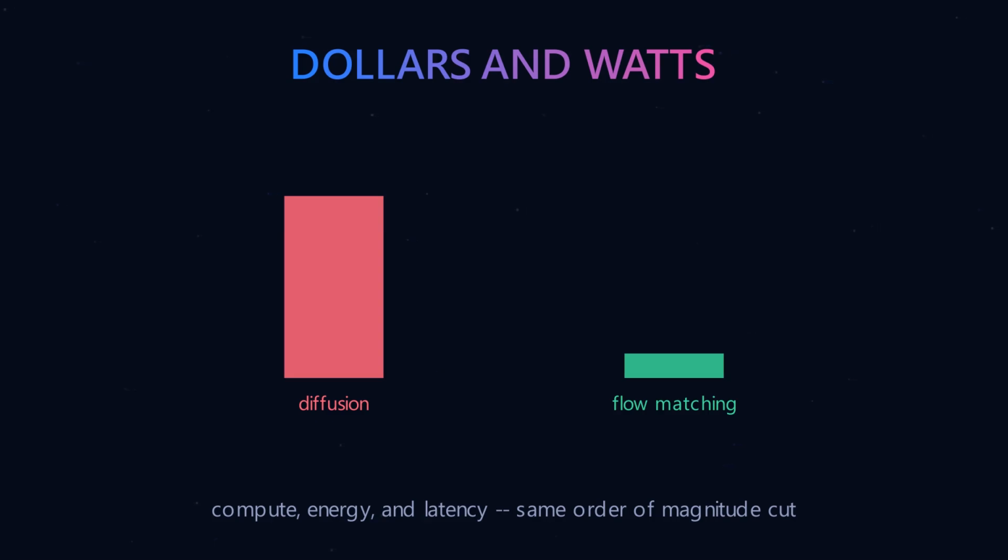You're cutting compute, energy draw, and latency by roughly the same order of magnitude that made the improvement worth chasing in the first place. At the scale of hundreds of millions of daily generations, that difference shows up directly on a hardware budget and a power bill, which is precisely the kind of number that gets a paradigm adopted company-wide rather than left in a research paper.